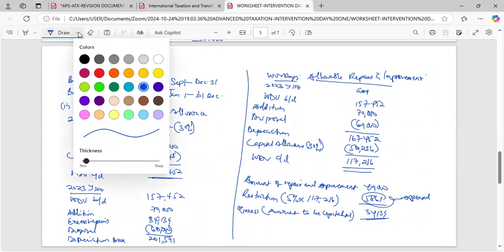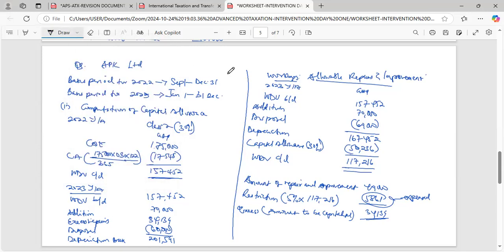I hope you know that rule. Yes, I understand. So it means that before you calculate capital allowance on repairs and improvement cost, you must subject that cost to the 5% of the written down value of the pool rule. This is the working I did.